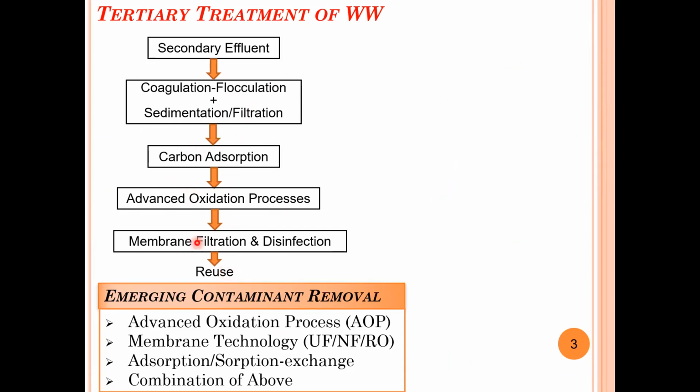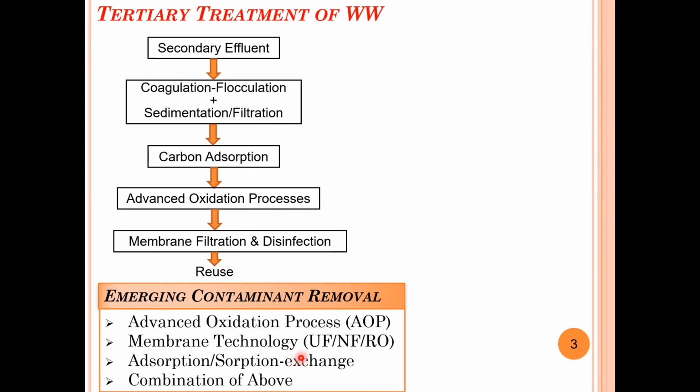All these are available: either an advanced oxidation process for removing the emerging pollutants, or membrane technology, starting from ultrafiltration, nanofiltration, RO, and combinations of these with different schemes. Then you have adsorption and other sorption exchanges, including ion exchange, or a combination of them.